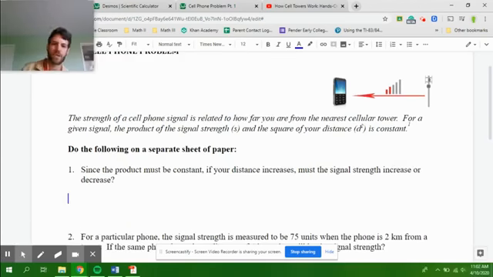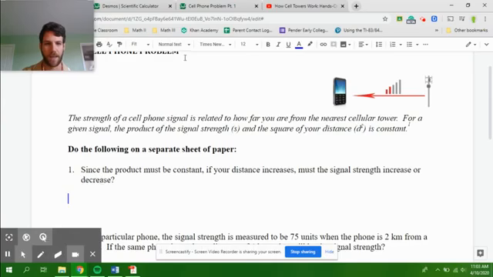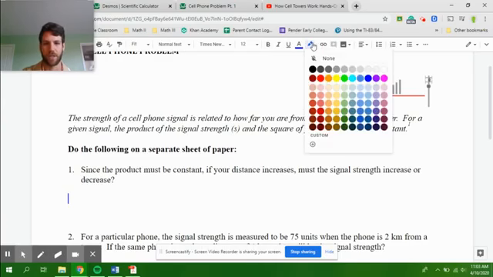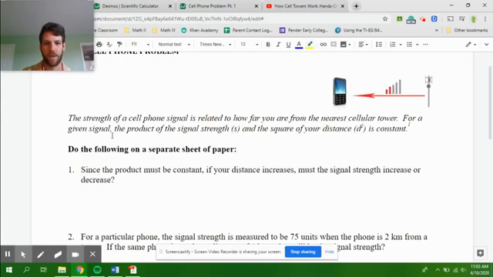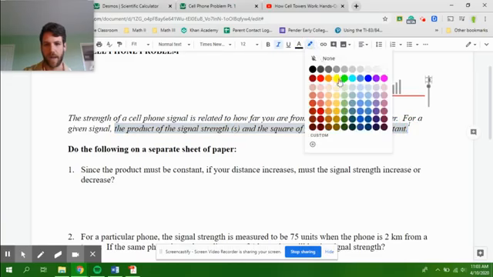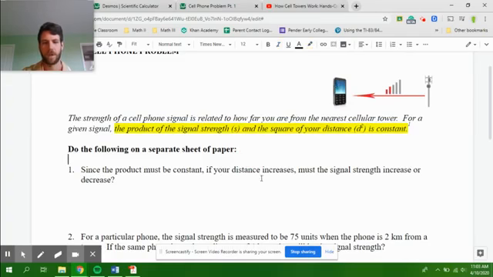In our first question, we can highlight that part in yellow, it's going to be very important. So the product of the signal strength and the square of your distance, d squared, is constant.